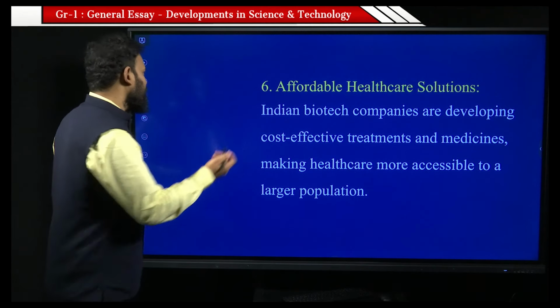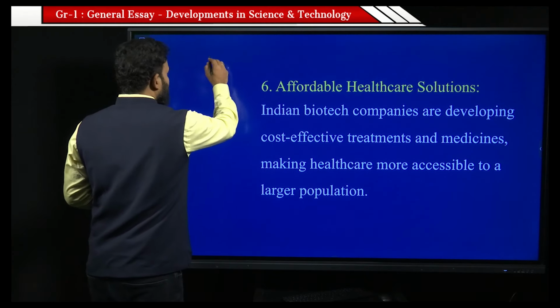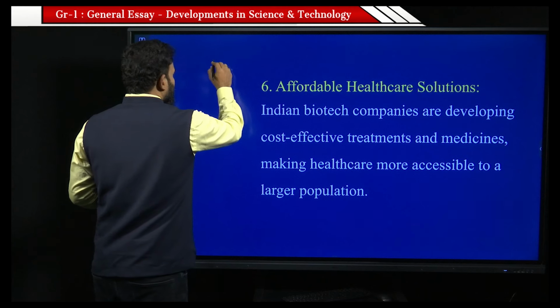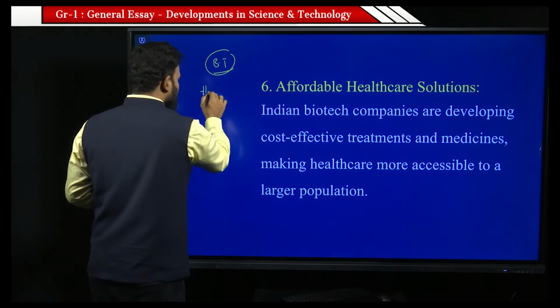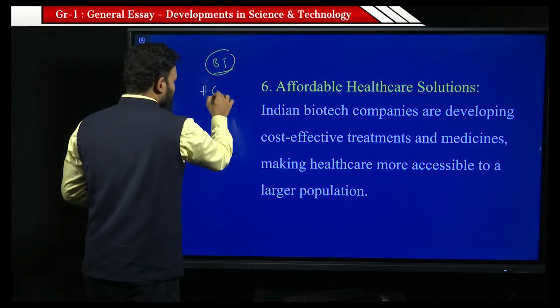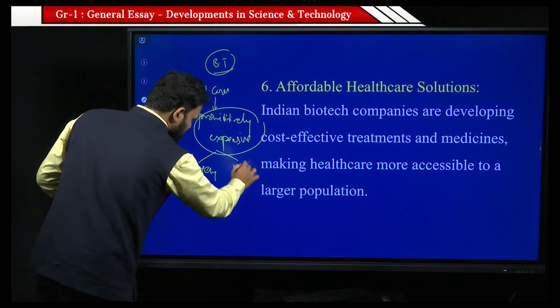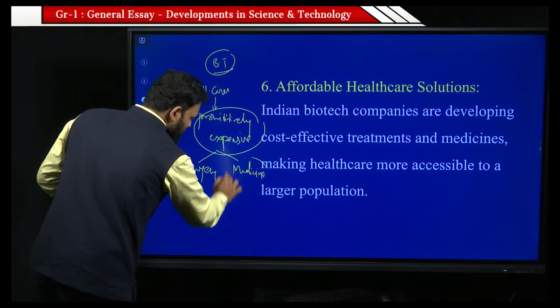Affordable healthcare solutions. See, earlier, because of lack of biotechnology services, healthcare services were prohibitively expensive, whether it is surgeries or other services or even your medicine, diagnosis, whatever it may be.